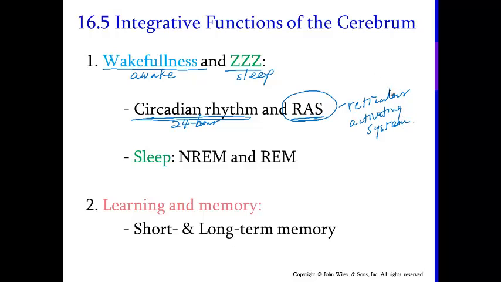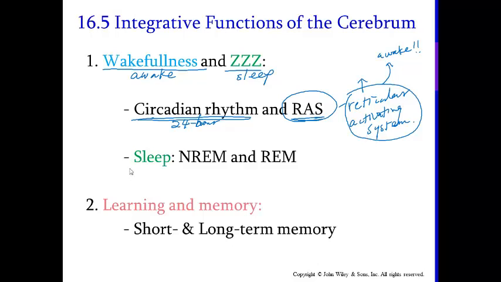This is in our cerebral cortex. When it is activated, we are awake. To arise from a sleeping mode, you can get signals from seeing with your eyes or from hearing, but not so much from your olfactory receptors.